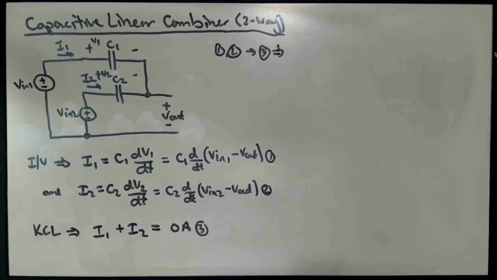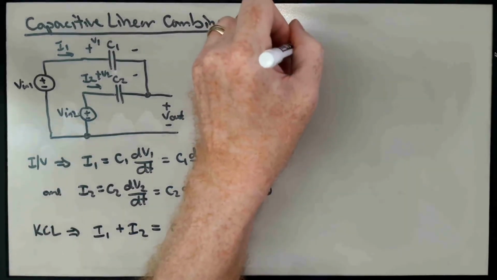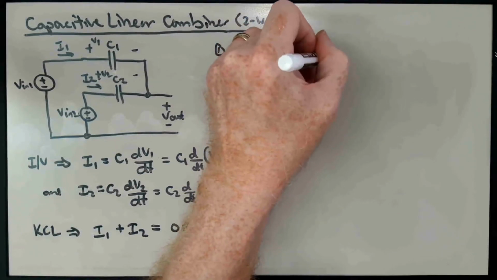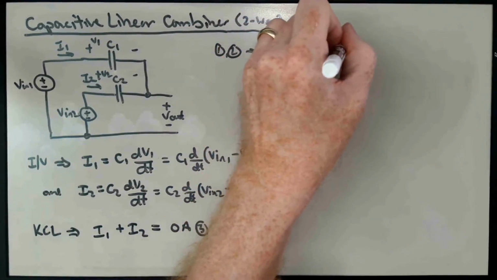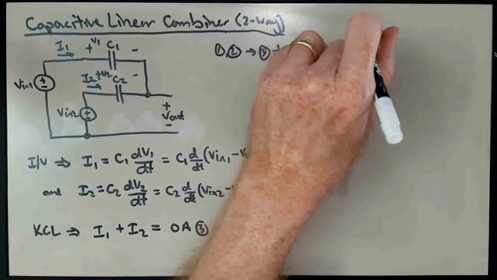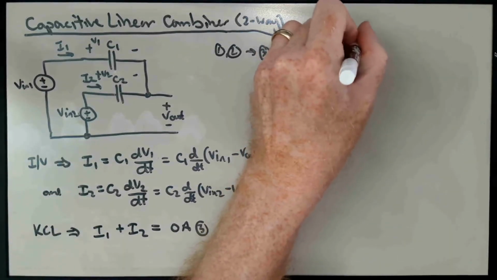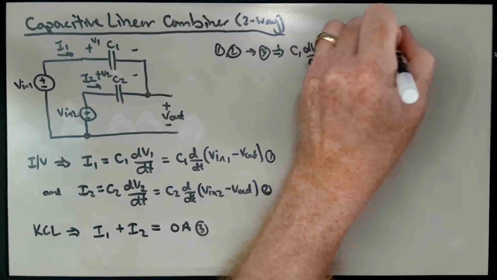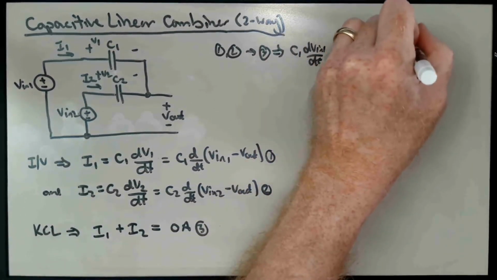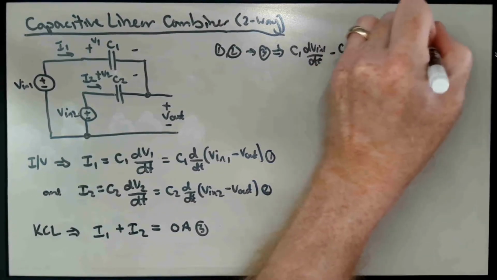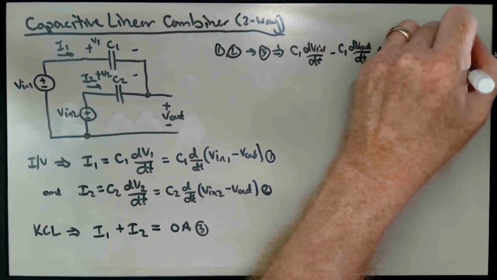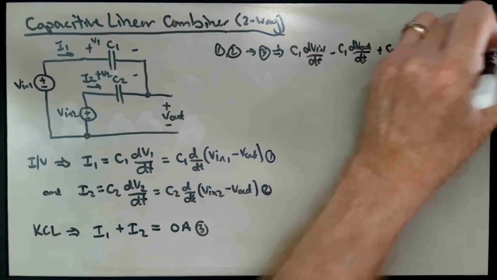that's going to tell us that we get C1 dVin1/dt minus C1 dVout/dt plus C2 dVin2/dt minus C2 dVout/dt equals 0 amps.